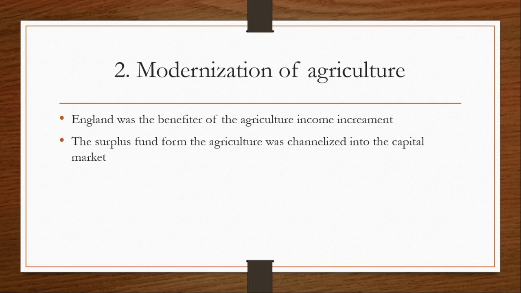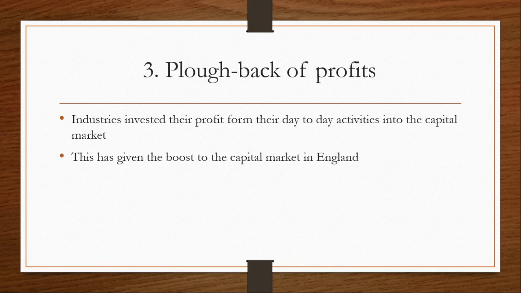Okay, now third, the plugging back of profits. Industries which have engaged themselves in production activities get some profits from their trade activities, by selling their commodities or services to the people.